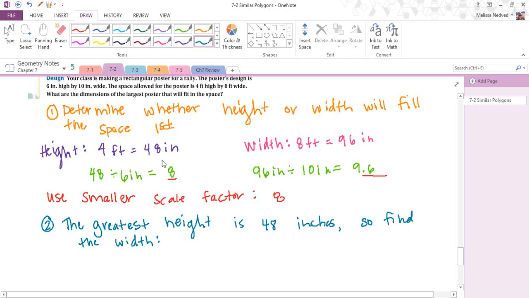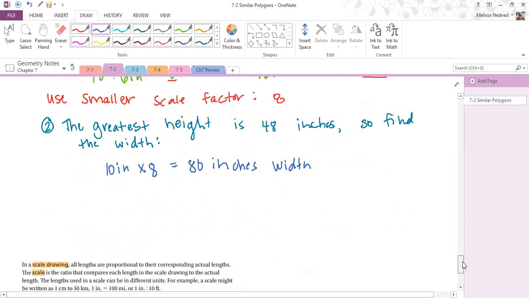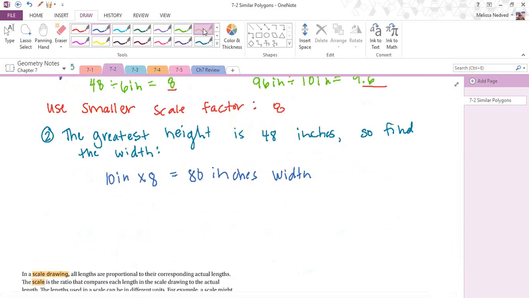And we said we're going to be using a scale factor of 8. So take our original width of 10 inches, multiply it by a scale factor of 8, and we get 80 inches for the width. So my design to fit under that poster is going to be 48 inches tall by 80 inches wide.